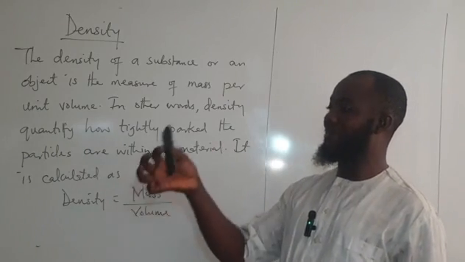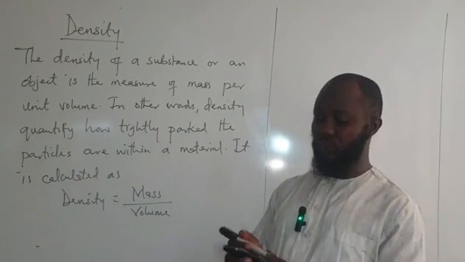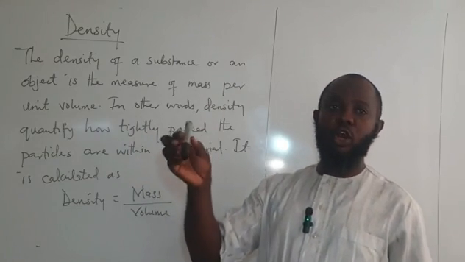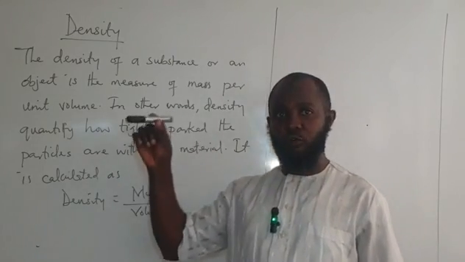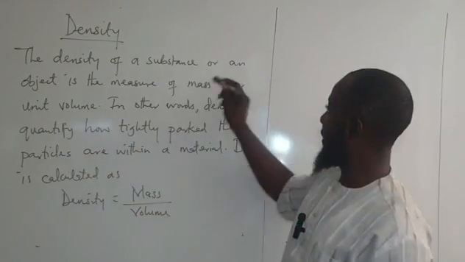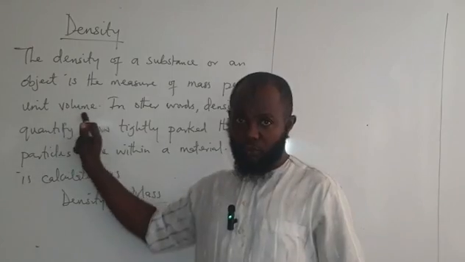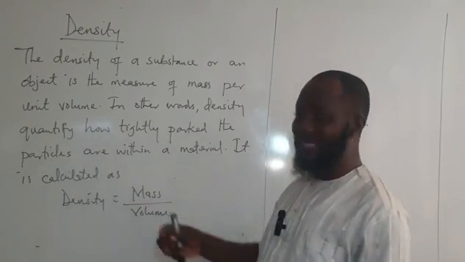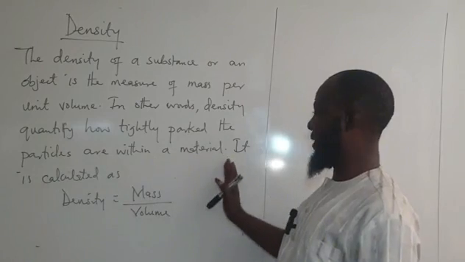So we need to get the mass and the volume. So density is a measure of the mass per unit of volume. So in other words, density quantifies how tightly packed the particles are within a material.